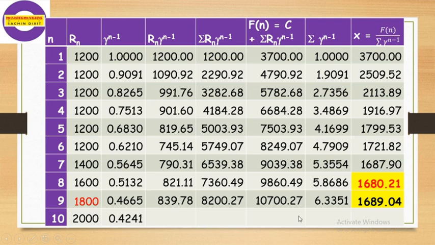So we replace this machine B after 8 years and the corresponding average cost is 1680.21. We cannot calculate for the 10th year, so it remains blank here and we come to the conclusion part.